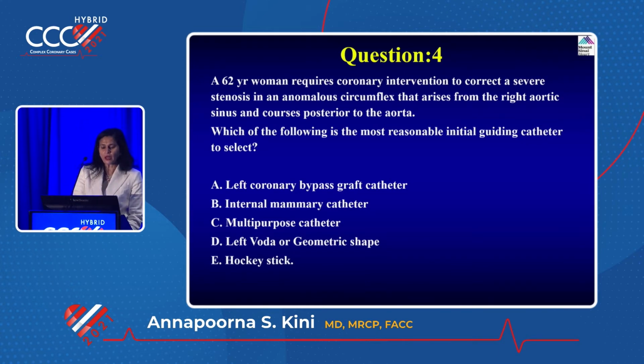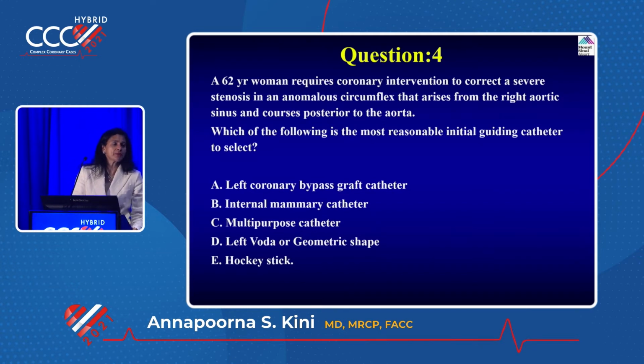Severe stenosis, anomalous circumflex. Anomalous circumflex actually also comes in your cardiology board exam. They can show you an LV gram with a button sign. You know that, right? The anomalous circumflex is a common anomaly. There is what is called an anatomical variant and a coronary anomaly.